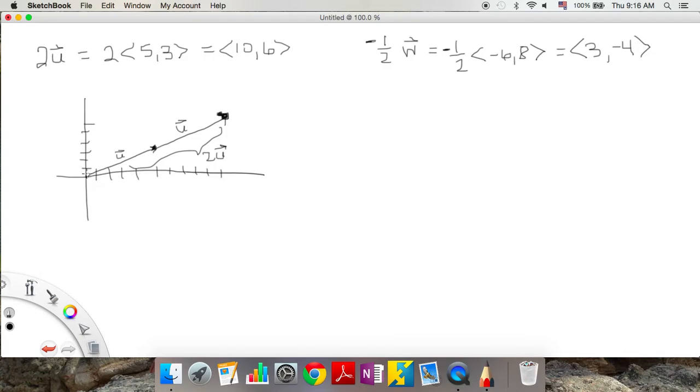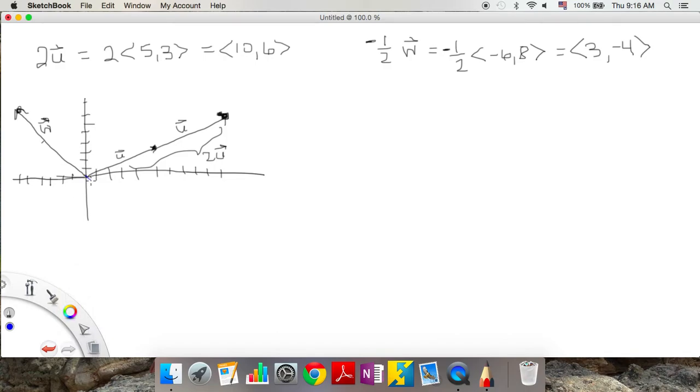Now how could we get this? Well, if we have our w vector, 1, 2, 3, 4, 5, 6, 1, 2, 3, 4, 5, 6, 7, 8. So here's our w vector. What we want to do is take this vector and shrink it by half and flip it over 180 degrees.